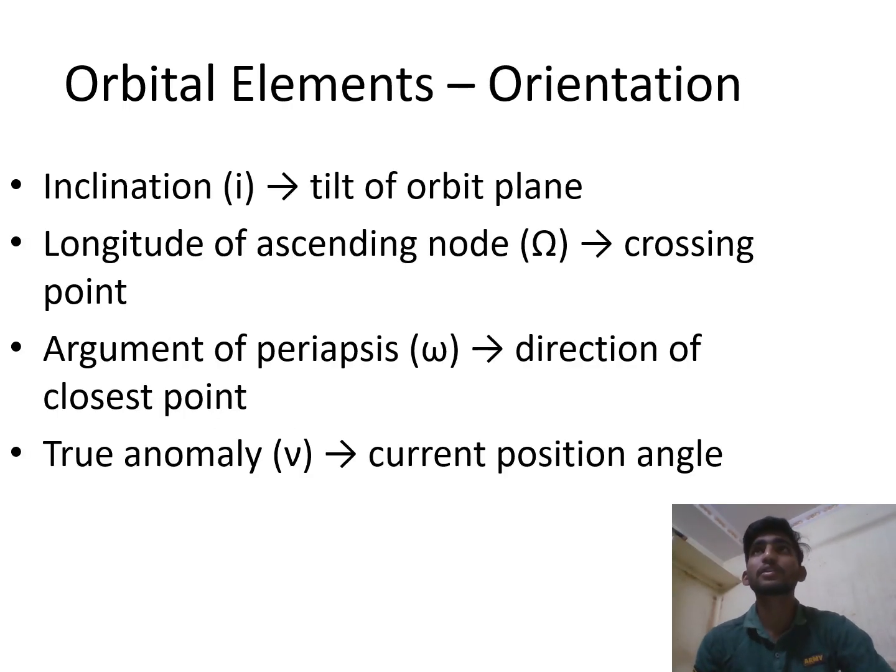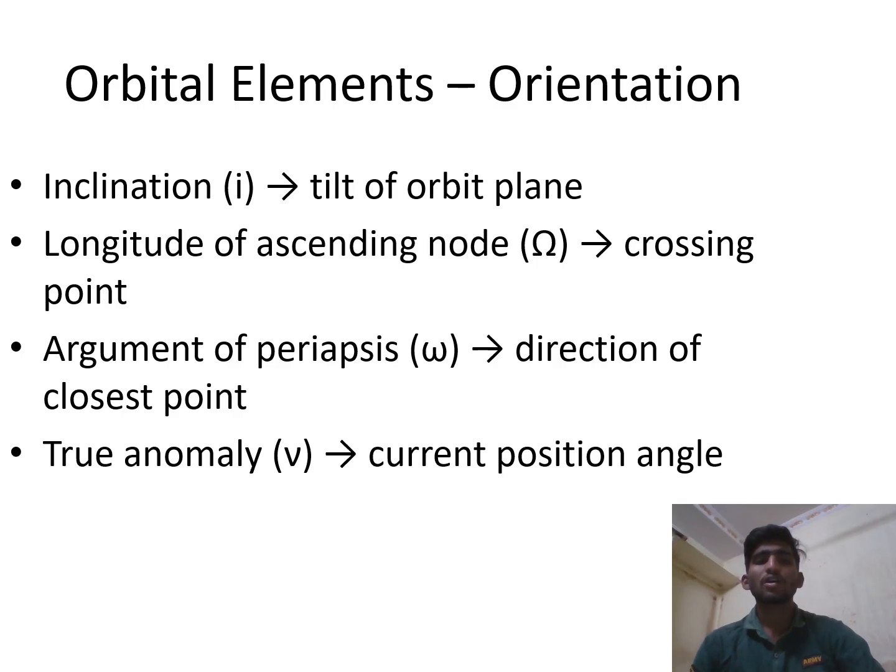Orbital elements for orientation: inclination. Inclination is the tilt of the orbit plane. The ascending node is where the satellite's orbit crosses the reference plane at one point.